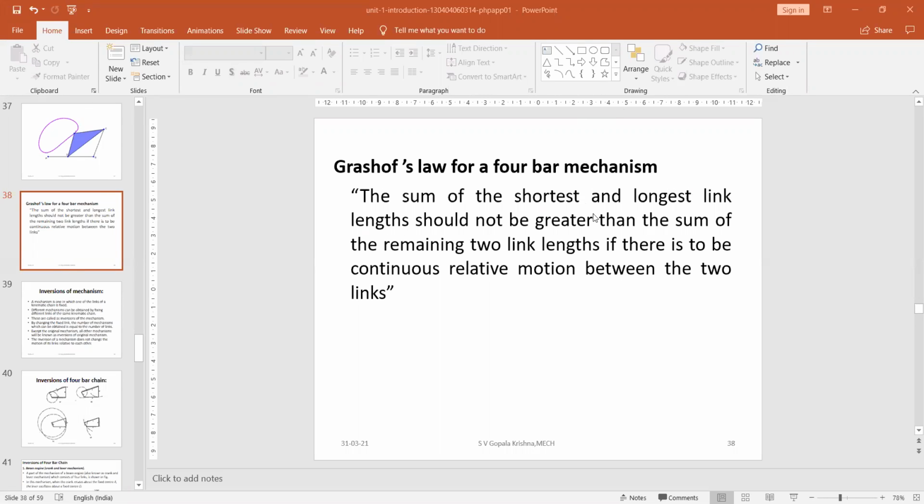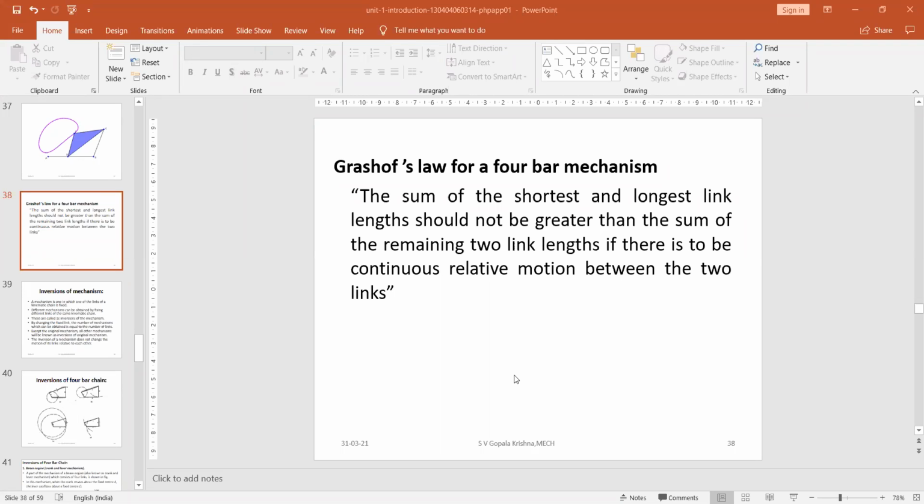That statement is represented here: the sum of the shortest and longest link lengths is less than the sum of the other two link lengths.